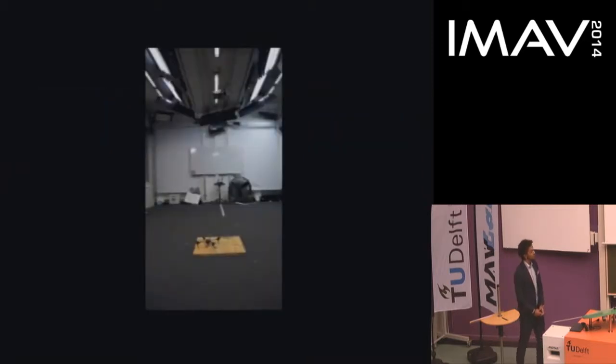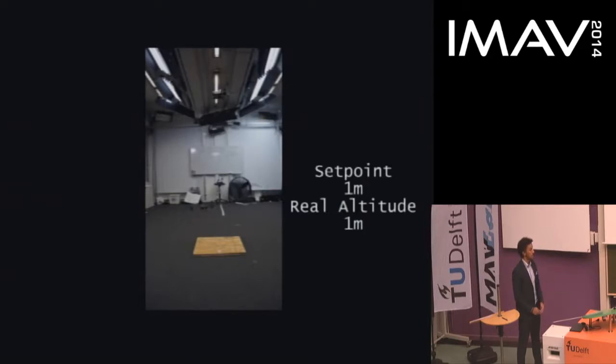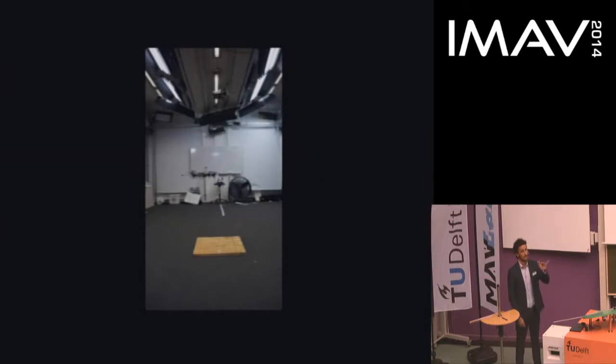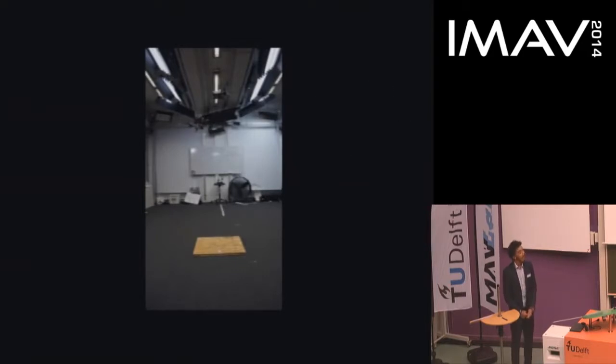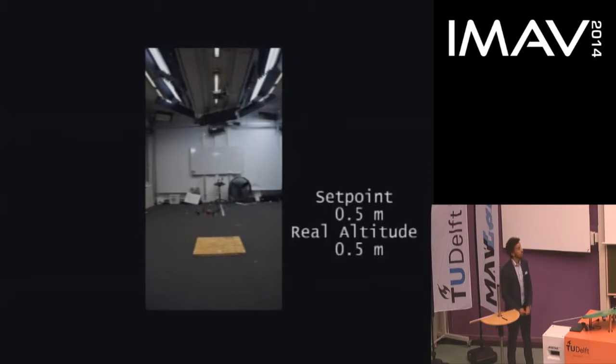This is with the LQRI. Now I tried to highlight the integral behavior. You see that the quadrotor slowly goes to its position. So it was working okay. And the last part of the video is about the disturbances.